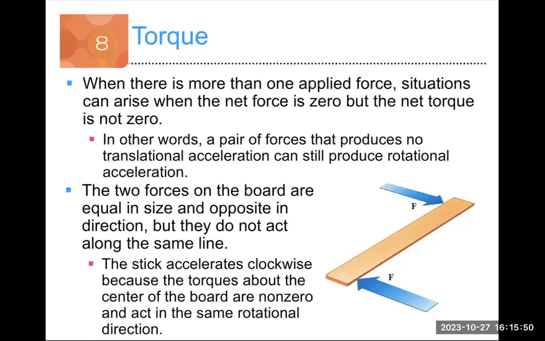They are equal in size. The length of that blue arrow is the same, but they're acting in opposite directions. So they're going to cancel each other out in terms of force, but my stick is going to accelerate clockwise because of the torque about the center of the board. So that's a situation where net force is 0, but I'm still having that rotational effect, that torque.